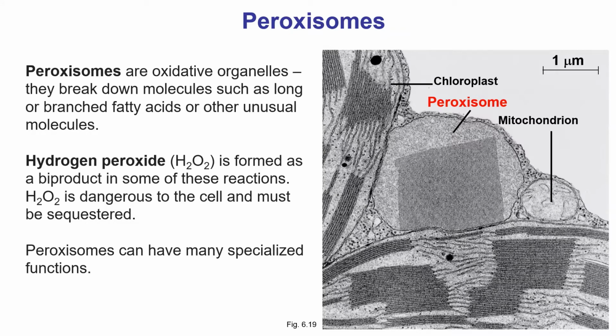So hydrogen peroxide is this one thing here, H2O2, and that's a really reactive compound. And so peroxisomes will actually not just make hydrogen peroxide, but they will also break it down. So kind of the bottom line to know is that these have specialized oxidative functions, and often involves hydrogen peroxide. And I'm not really going to ask you much more about them.